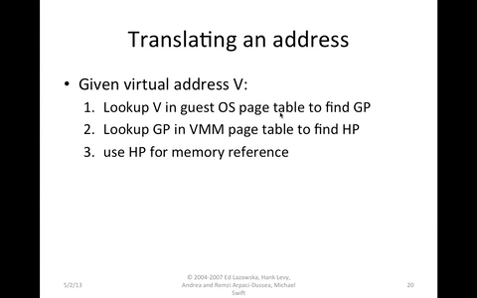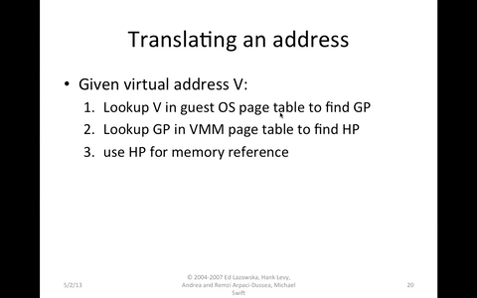So one option is that it could be that the VMM hasn't yet allocated memory for this guest physical address. Right? So there's some guest physical address that we're referencing, and in this table, it's invalid because we haven't assigned physical memory to it yet.